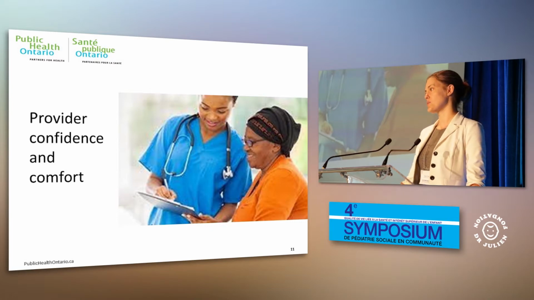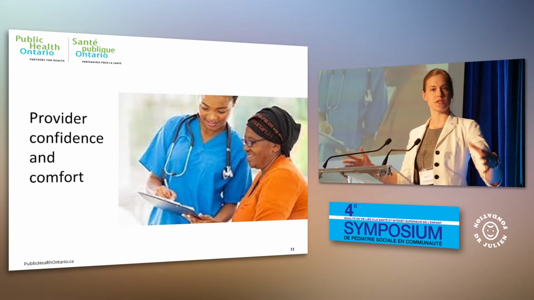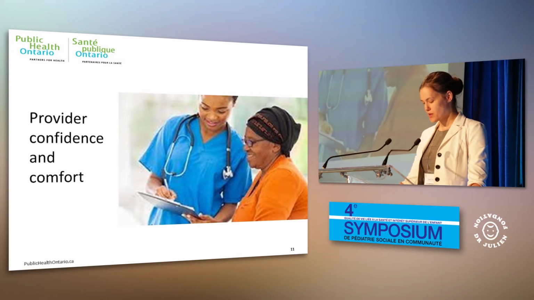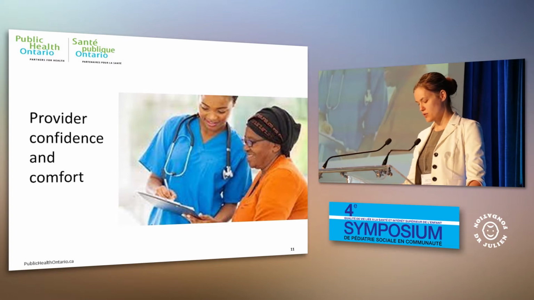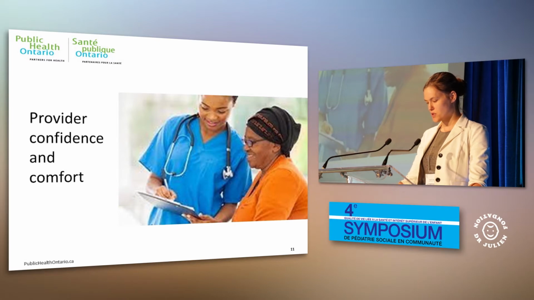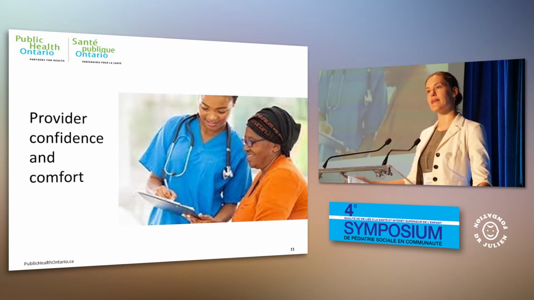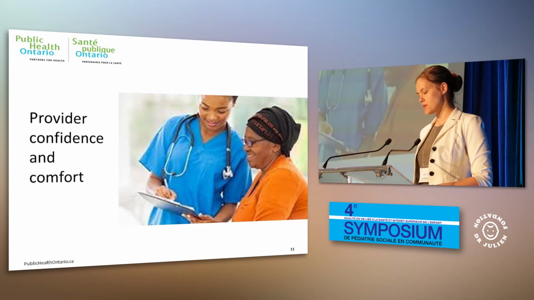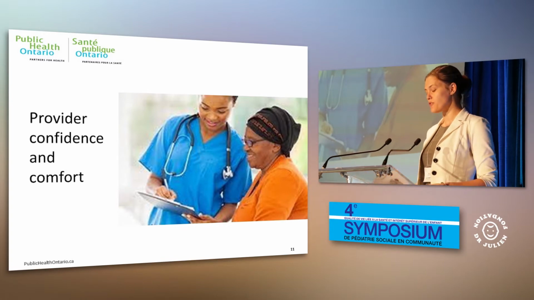For example, a number of the papers were done in hospital resident clinics, and the residents required a lot of training and institutional support in order to feel comfortable and confident in making the more social diagnosis and referring to social services that were part of the clinic. So that was an important mechanism to get referrals made.